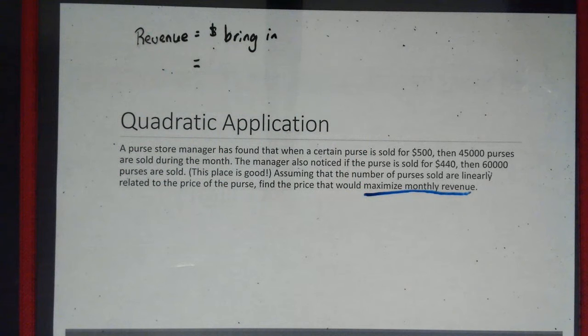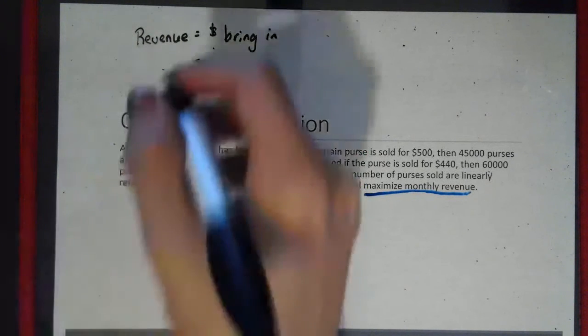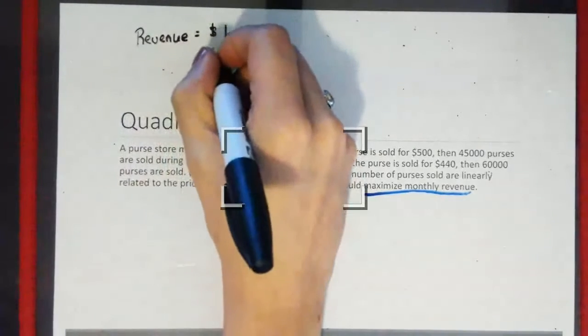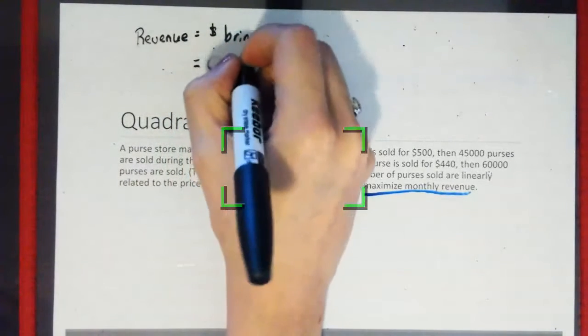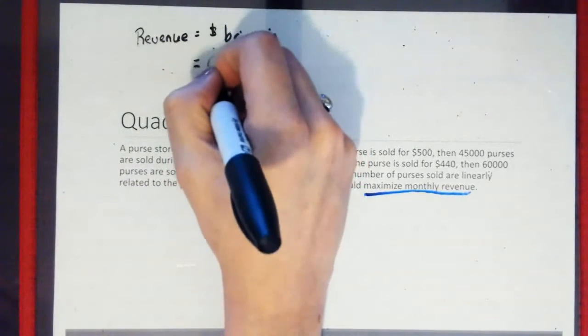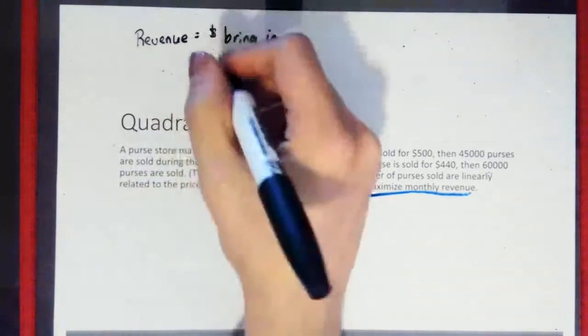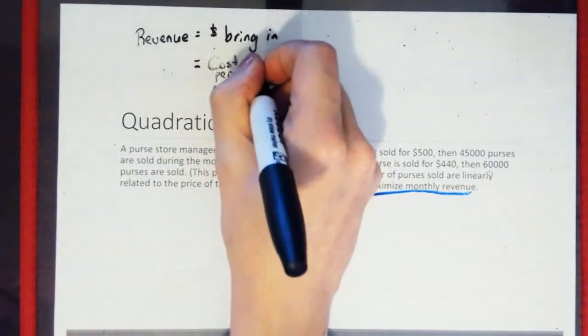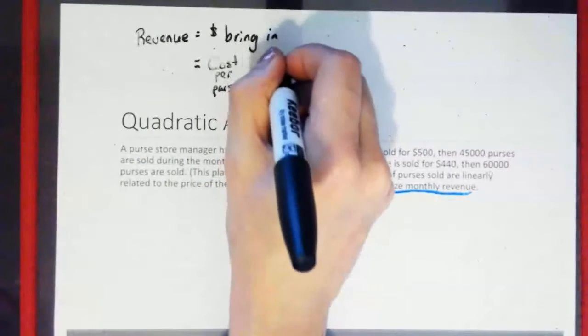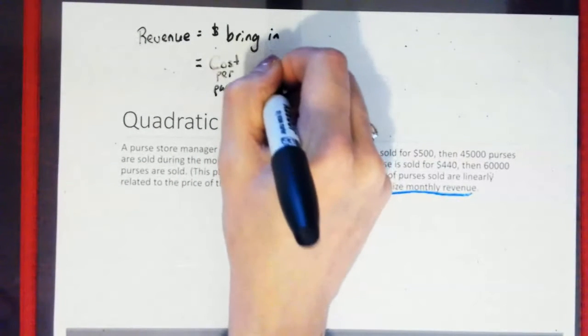So to figure out the revenue that that purse brings in, we need to take the cost per purse and multiply it by the number of purses sold.